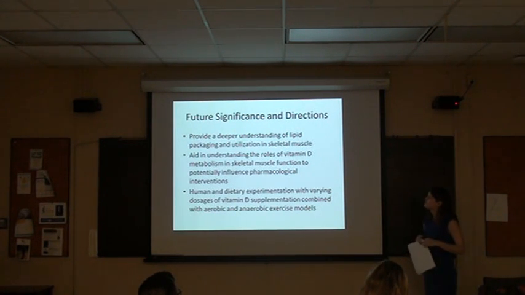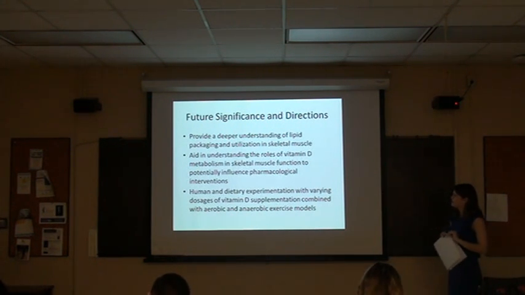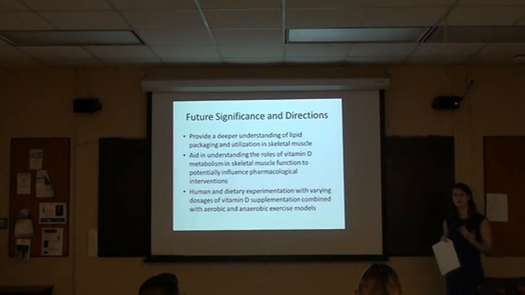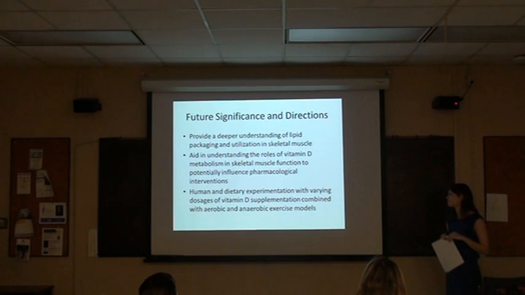So future significance and directions that we hope to take besides the cancer cachexia route is to provide a deeper understanding of lipid packaging and utilization in skeletal muscle, which is really important. Also to aid in understanding the roles of vitamin D metabolism and skeletal muscle function, which could potentially influence pharmacological intervention, the way people supplement or use vitamin D, just to better understand the roles of it.